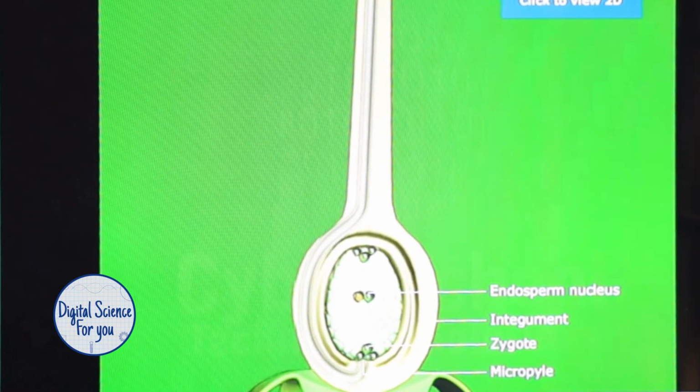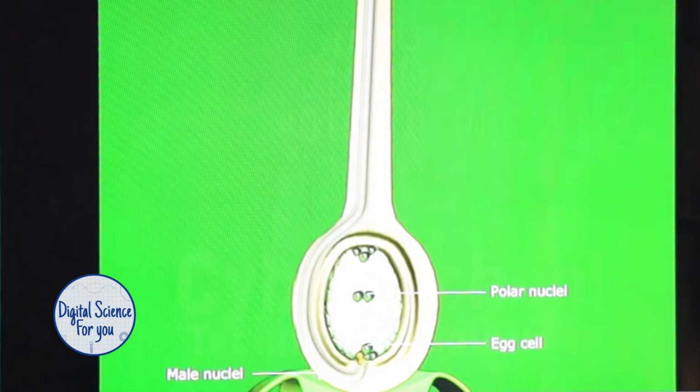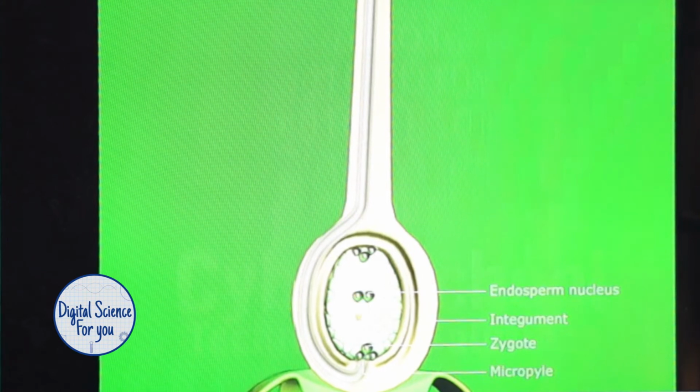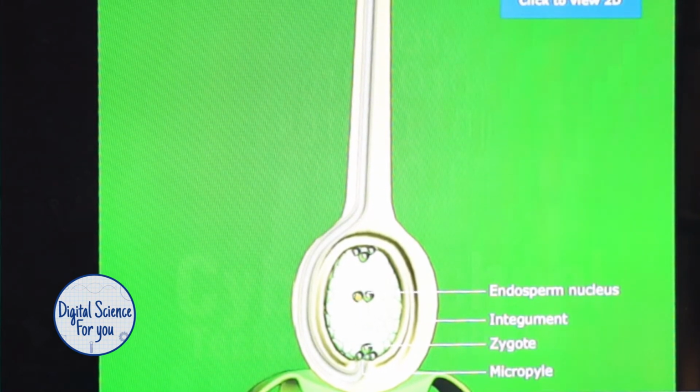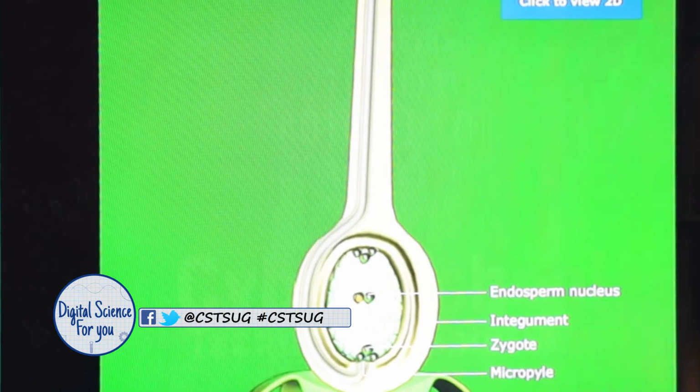One fuses with the egg, and the second male nucleus fuses with the two polar nuclei to form an endosperm nucleus. Because we have two male nuclei fusing, that is double fertilization. Amazing. I'm sure you can never forget this using digital science.